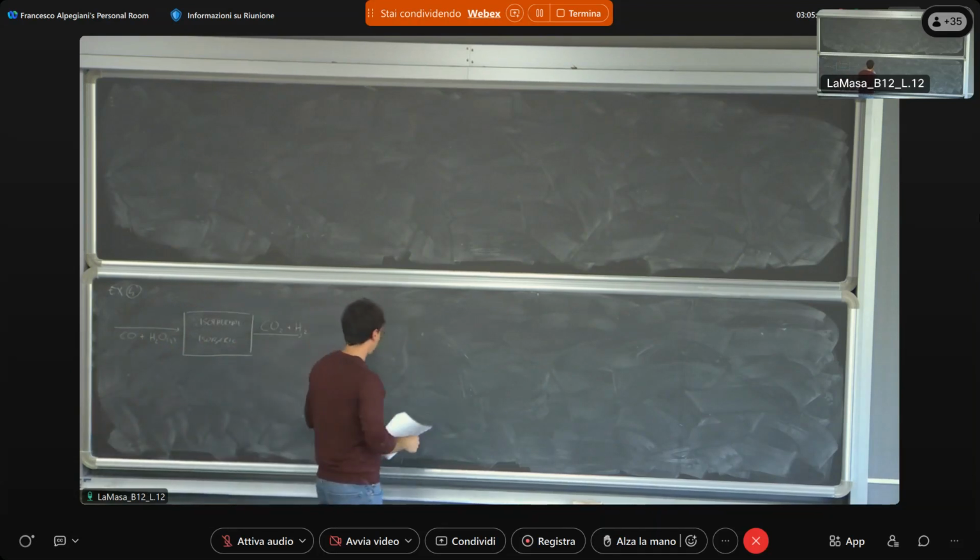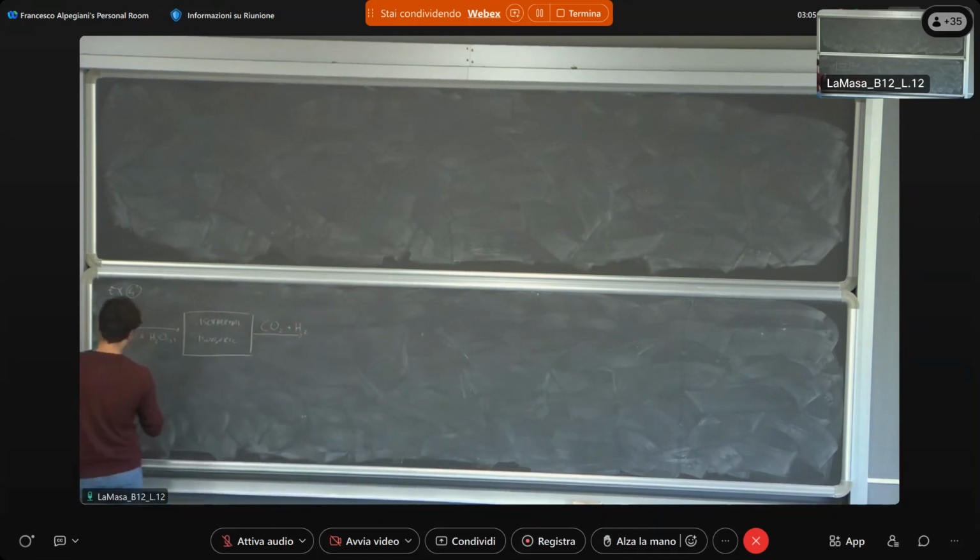Okay, so the data that we have is the molar composition. In particular, we have 50% of CO and 50% of water in the form of vapor. Here we have 200 kmol/h entering.